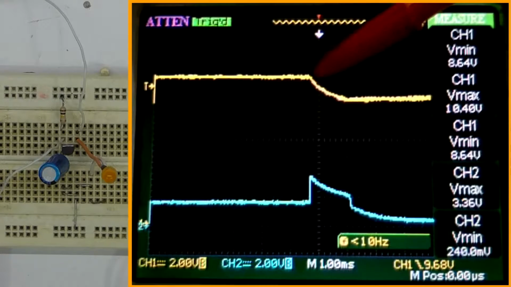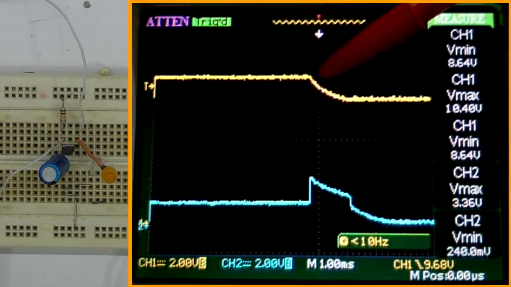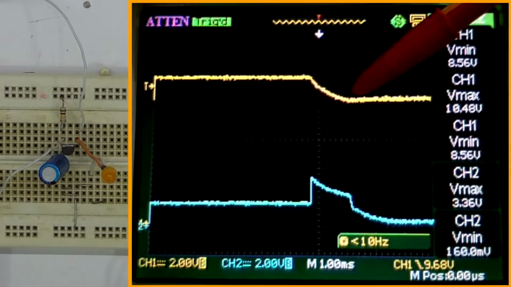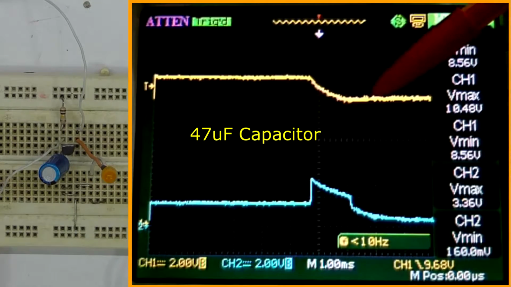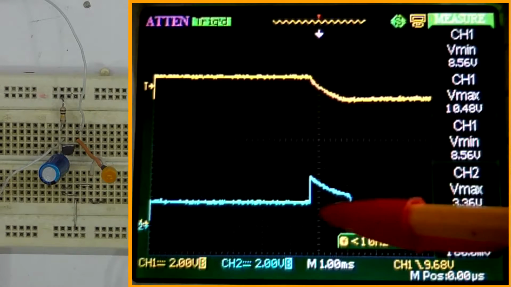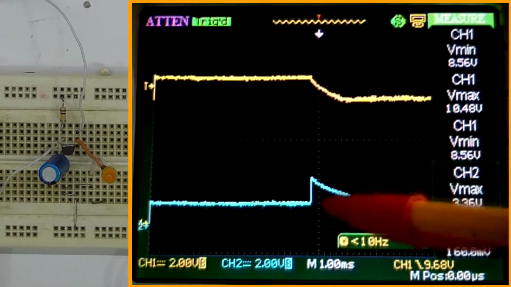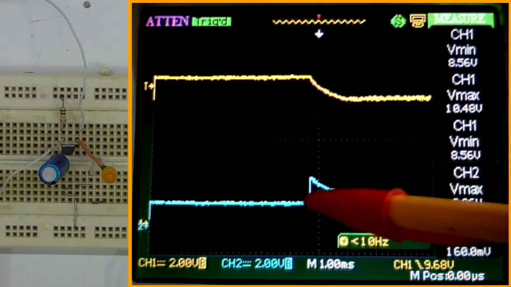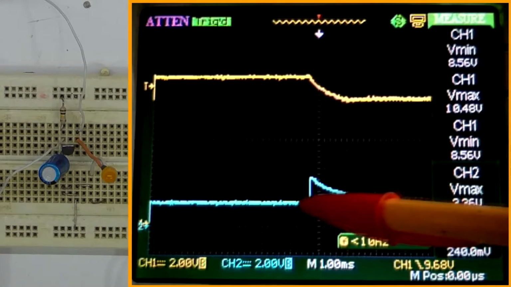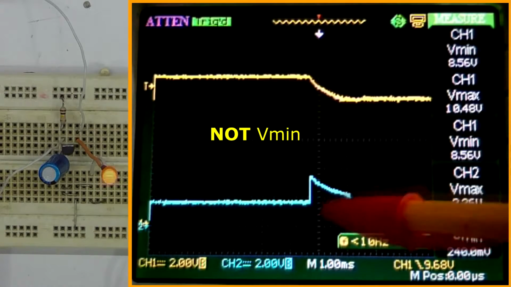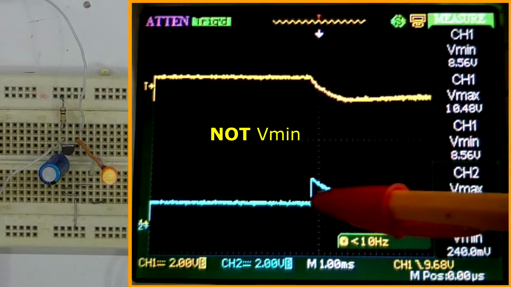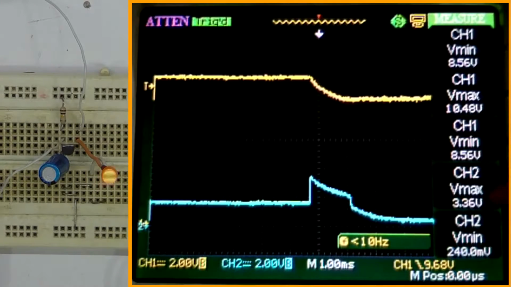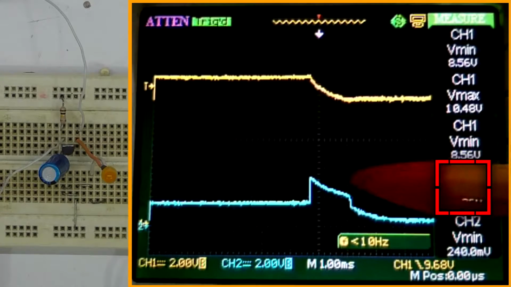It's reached that threshold, switches on, discharges the capacitor to this point and switches the transistor off. You can see that reflected in the collector. It spikes up from that point there, which won't be the minimum, up to that point there, which should be the maximum of 3.36 volts.